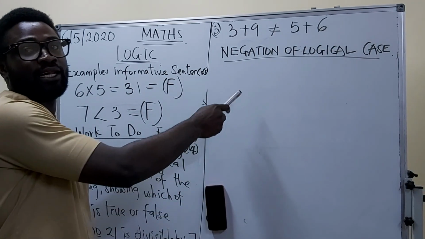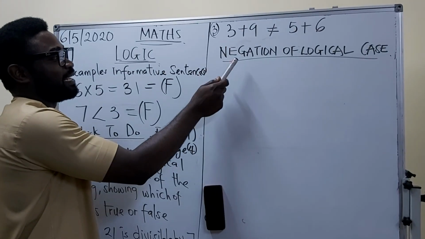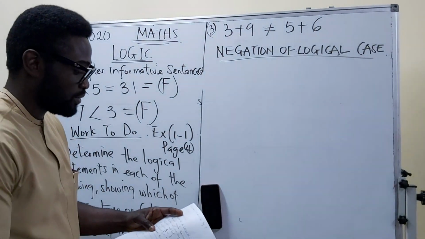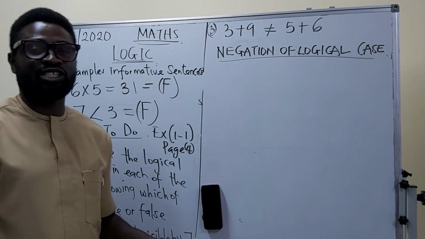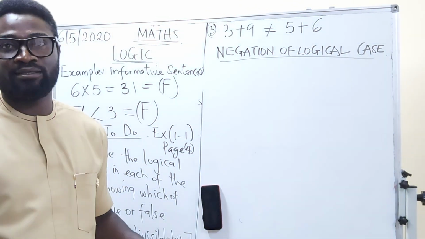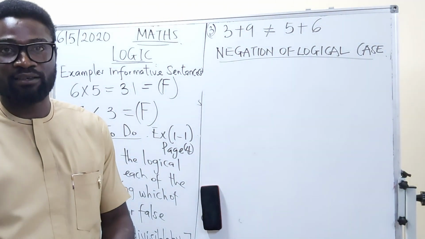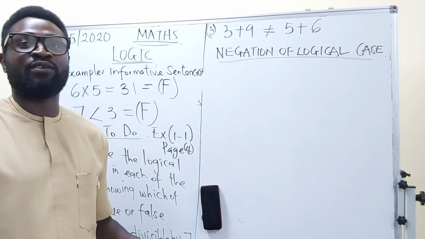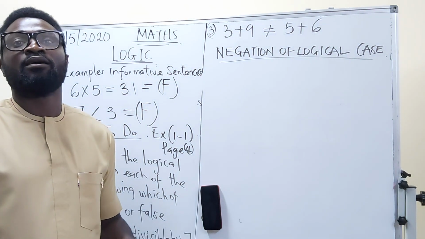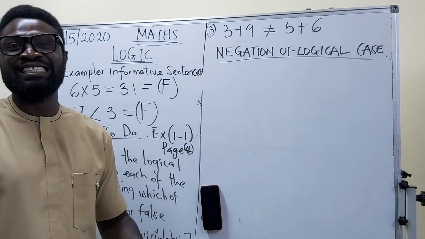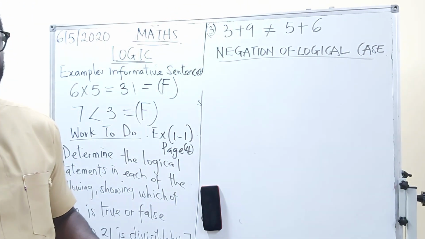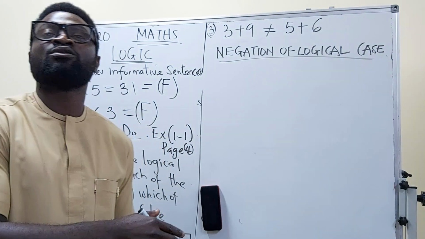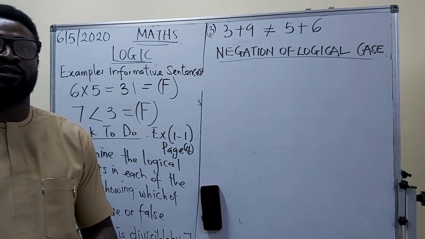Now, if you can read clearly what you have on the board, it says negation of logical case or cases. When you hear the word negation, it means it negates, is different. For example, if I say yellow is different from gray, or black negates white, it means opposite. It's like something totally or directly opposite to another.